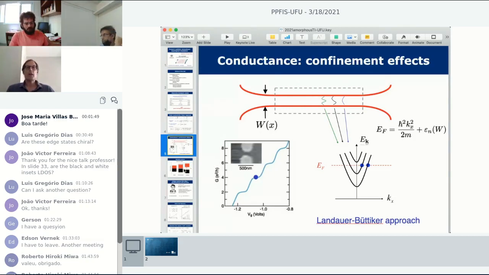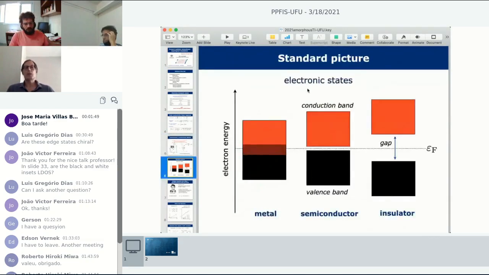But coming back to Kubo, or the common wisdom, you explain this difference that I showed before between the conductivity of a metal, semiconductor, and insulator by looking at the band structure and at the gap.